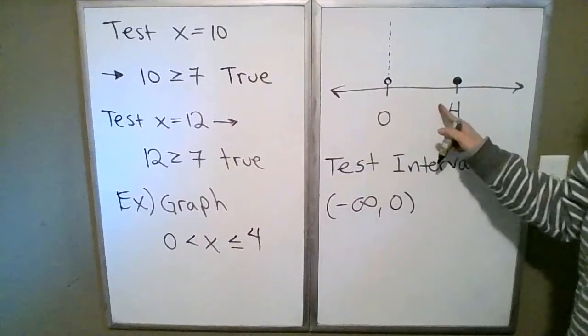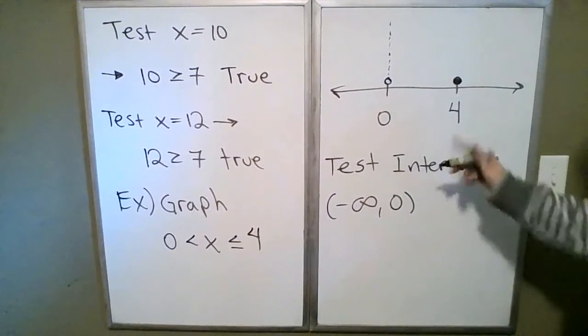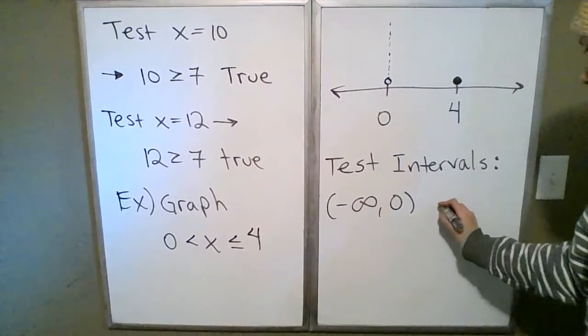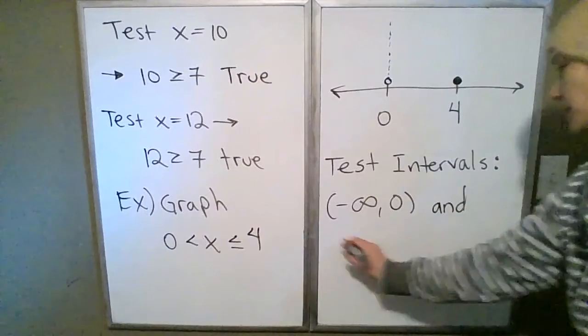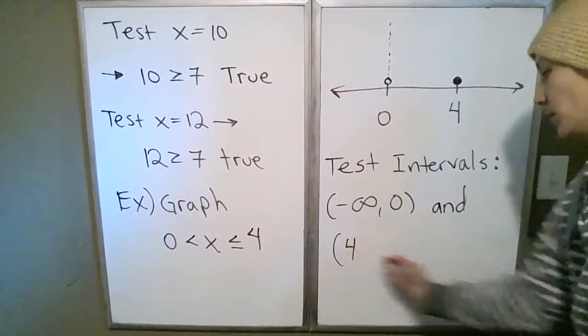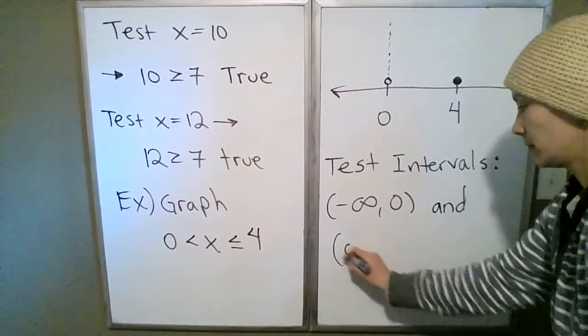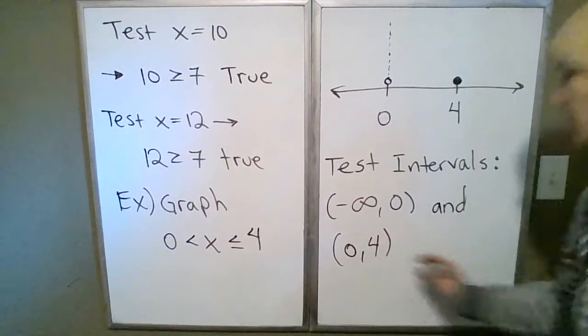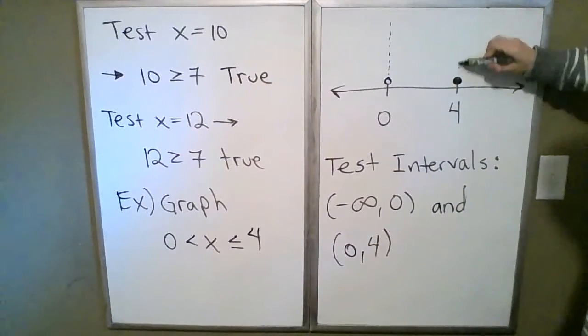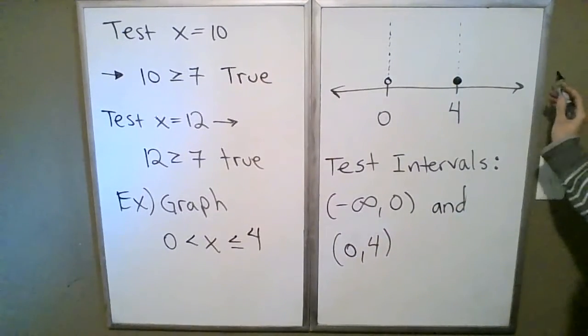There's one that goes from 0 to 4, and you don't include either end. And then one that goes from 4 over to infinity.